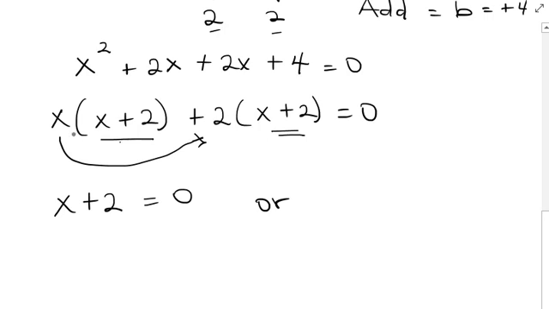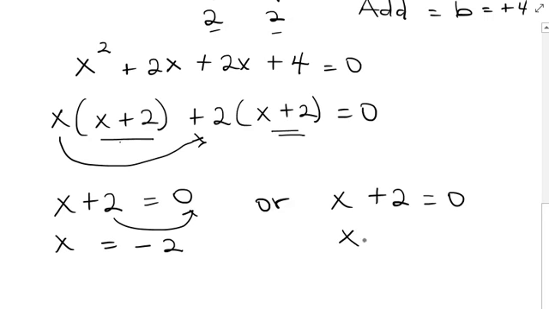Or then I need to join x plus 2 and this 2. I'll also equate it to 0, because everything equates to 0. So we now simplify. x equals, when I bring my 2 to this side, it becomes minus 2. Here too, when I bring my 2 across the equal sign, the sign in front of it changes, minus 2. And that's the solution: x equals minus 2, x equals minus 2.